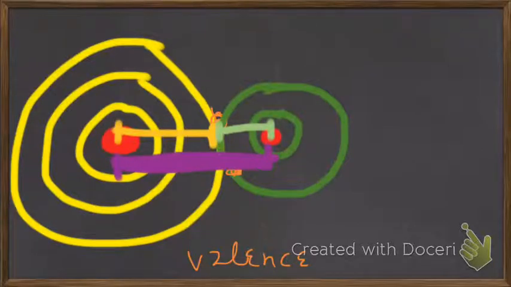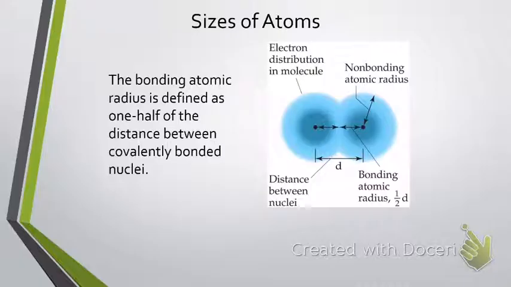Let's go back and see it with prettier pictures than what I can draw. The bonding atomic radius is defined as 1/2 the distance between the covalently bonded nuclei, which is just a fancy way of saying: this is the radius of the first atom, this is the radius of the second atom, so you add them together and you get the distance between the two nuclei.